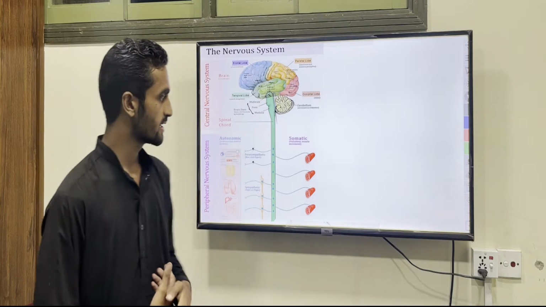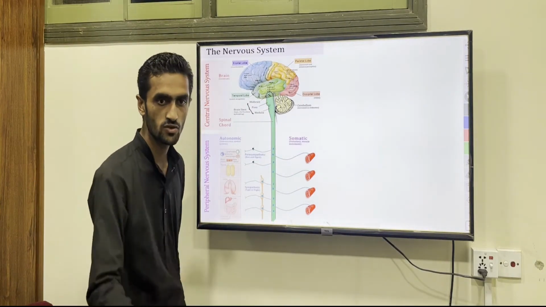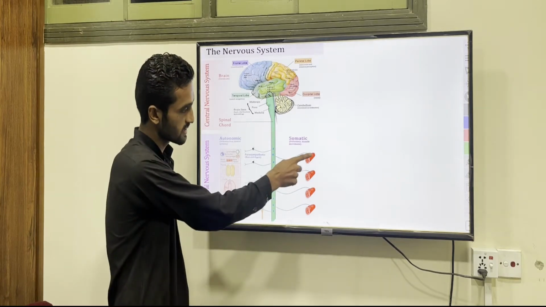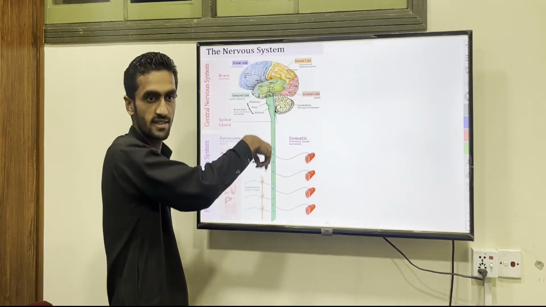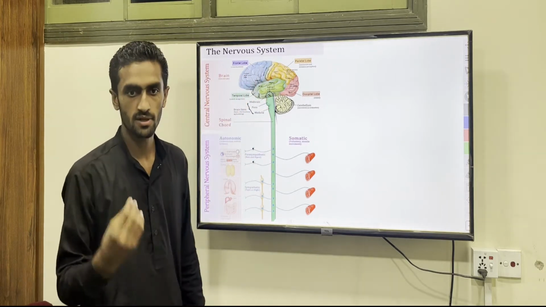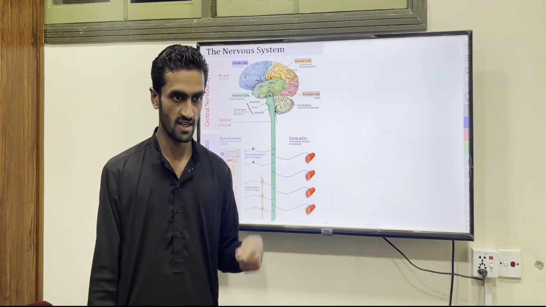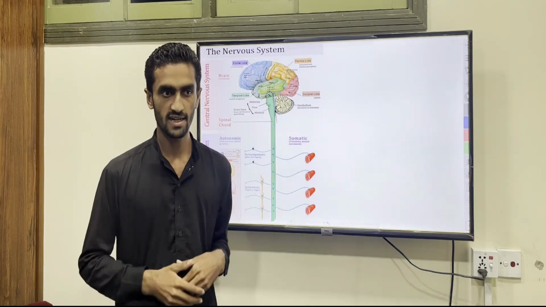So the ascending tract, for example, here is your muscle. The sensation which goes upward is the ascending tract. So this is nerve, and then these are tracts, inside the CNS. They go into the cerebral cortex, the sensory areas as well as the motor areas for the descending tract.